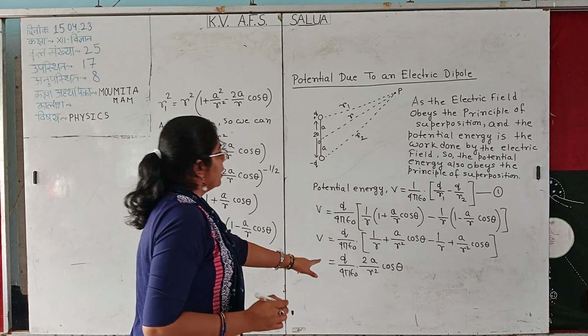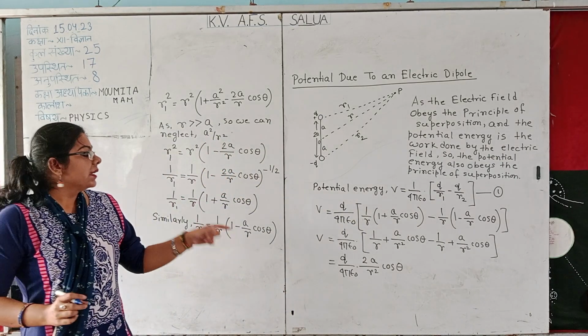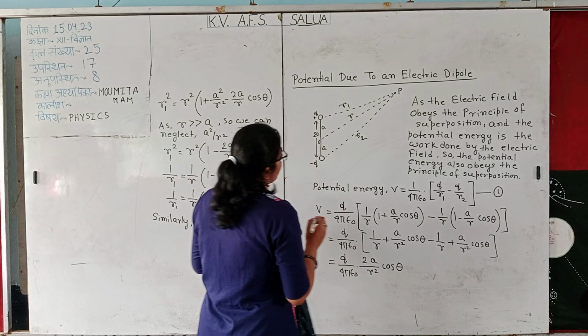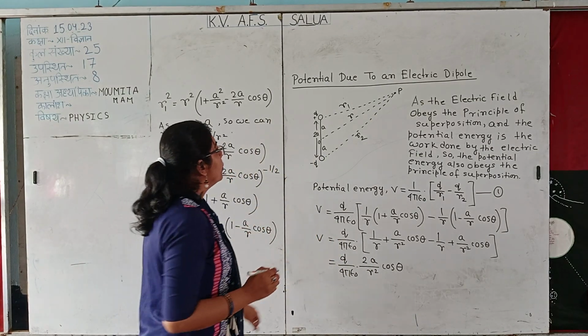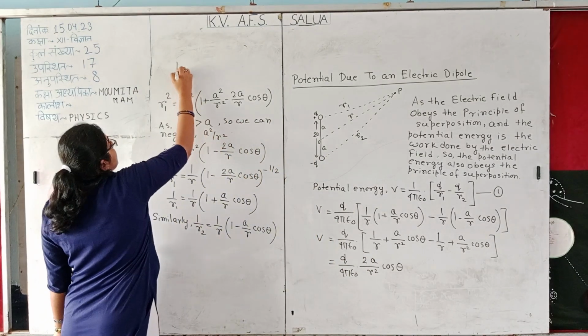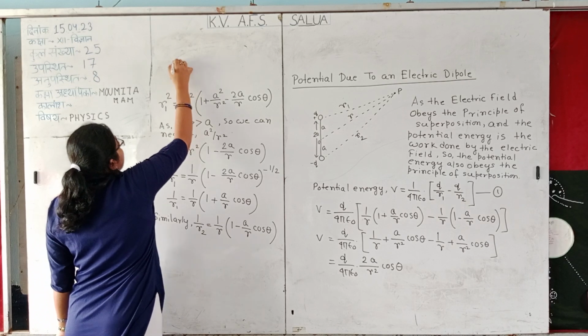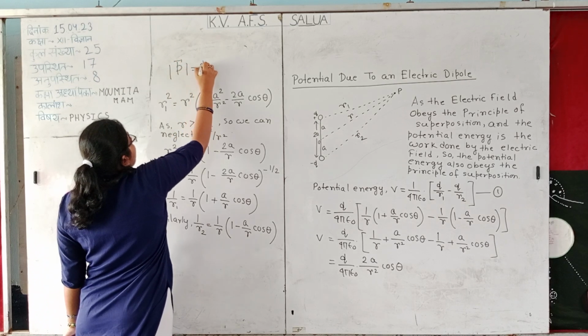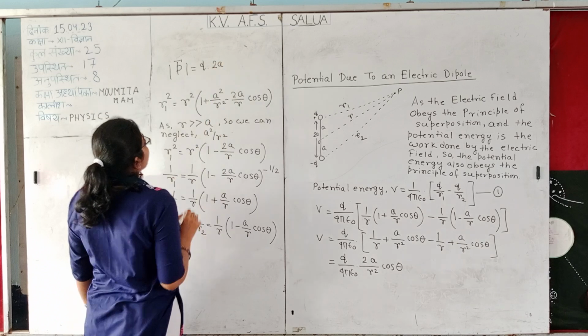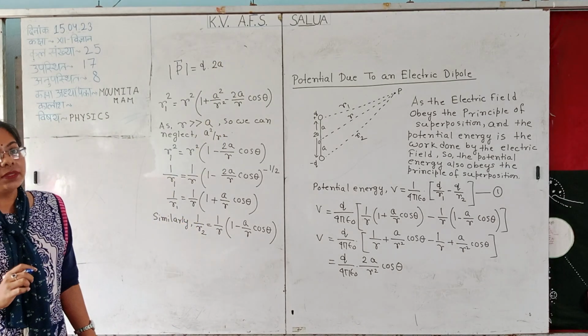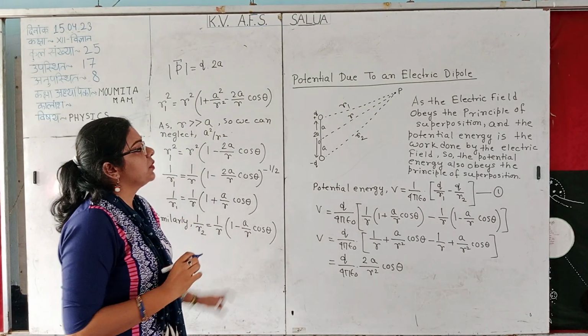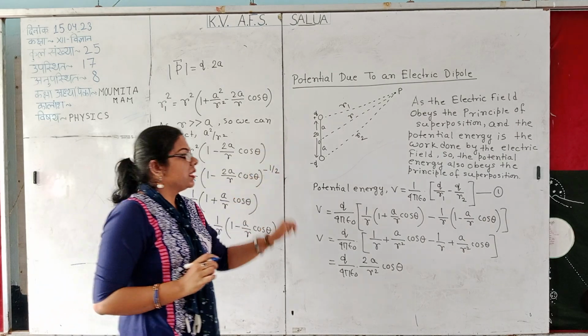Now you know very well that the dipole moment vector of an electric dipole has magnitude p equal to q into twice a. q is the charge and twice a is the distance between the two point charges of the dipole.